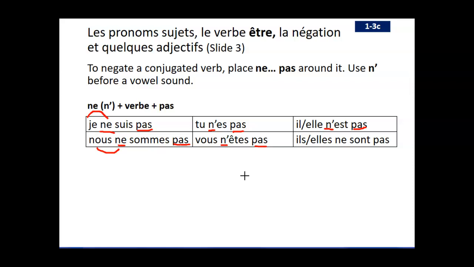Vous n'êtes pas. And finally, we have ils and elles in the plural form, and that becomes ils ne sont pas, elles ne sont pas. Okay, so we know all the forms of être, and now we know how to make them negative, right? All right.